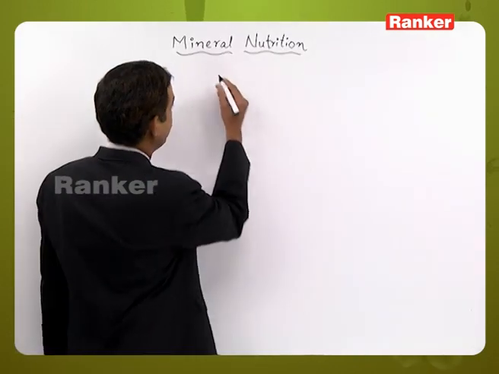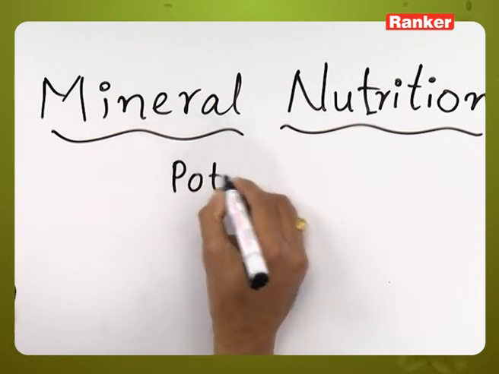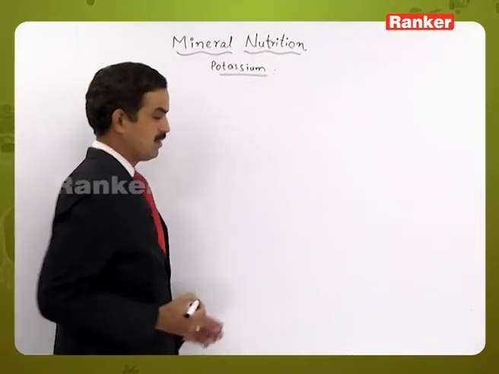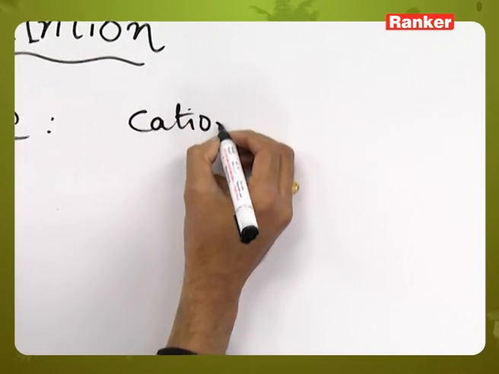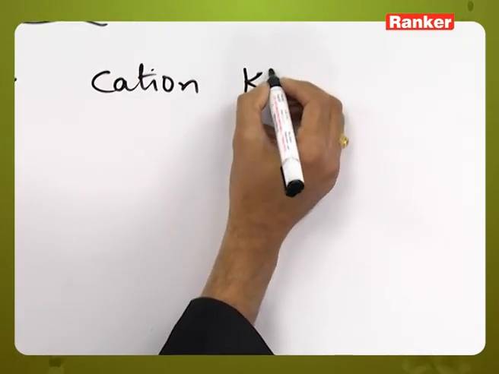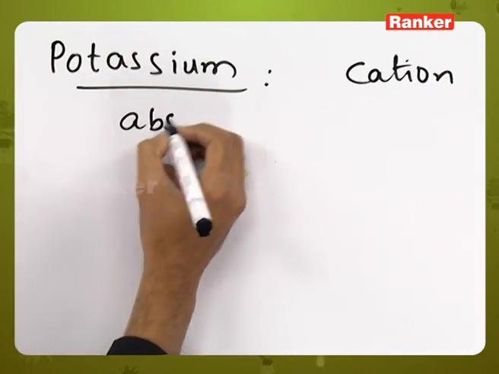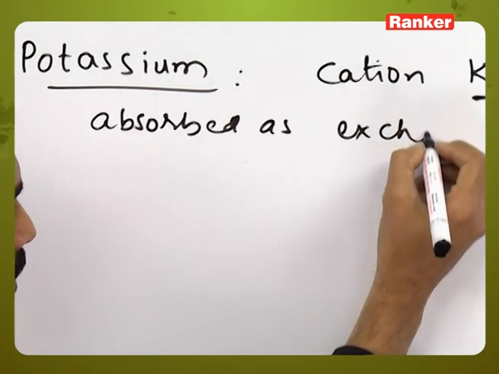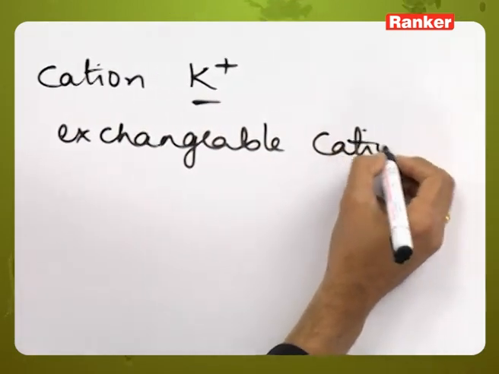Next element is potassium. Potassium is absorbed by the plants in the form of cation, that is K+. It is absorbed as an exchangeable cation by the plant body.